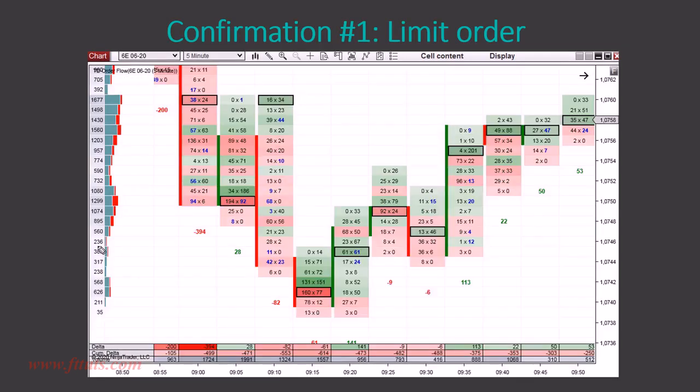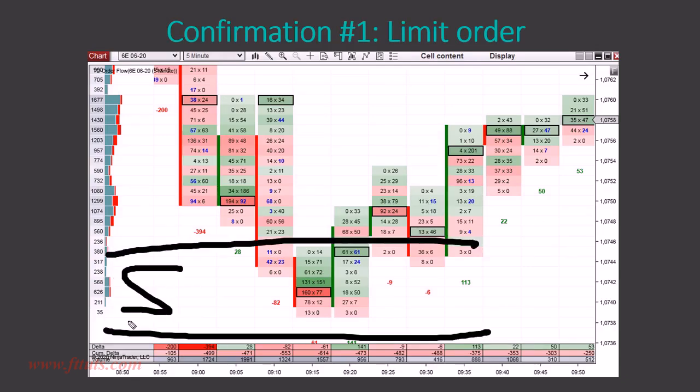Another example, let's say that there was a support area somewhere in here, and you're waiting for some big number to appear on the bid. Because if a big number appears on bid, that means that there was some buyer waiting until the price reaches his limit order. This is the big number you are waiting for, 160 contracts.